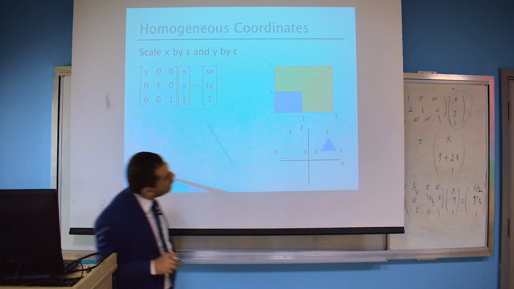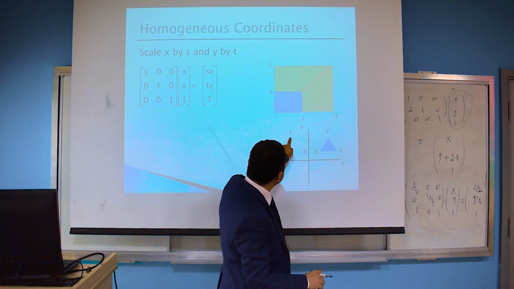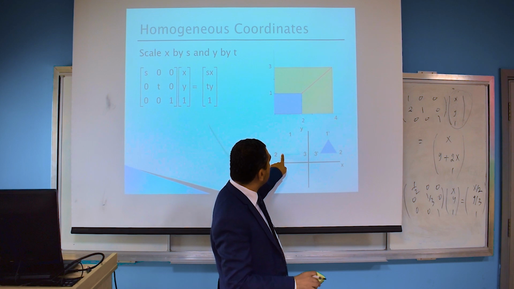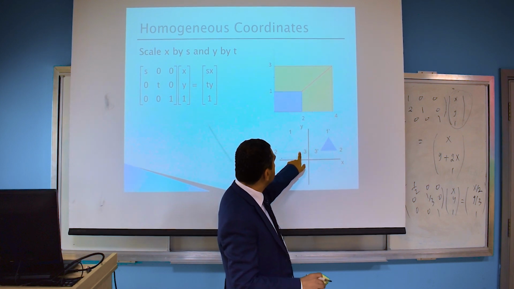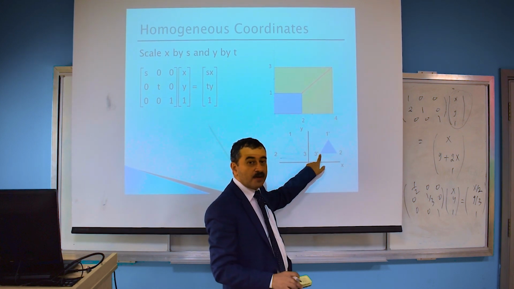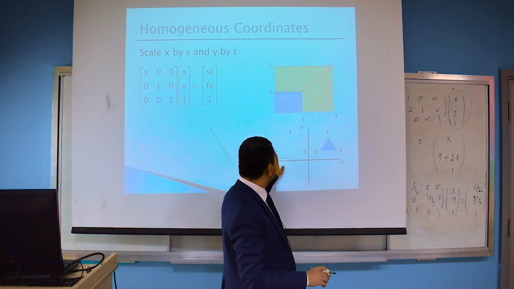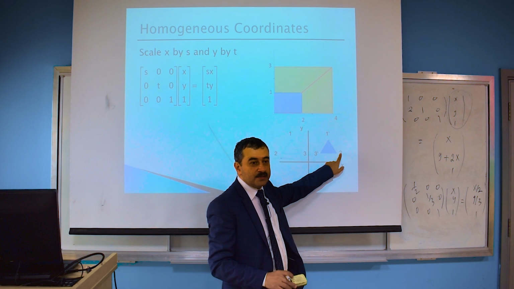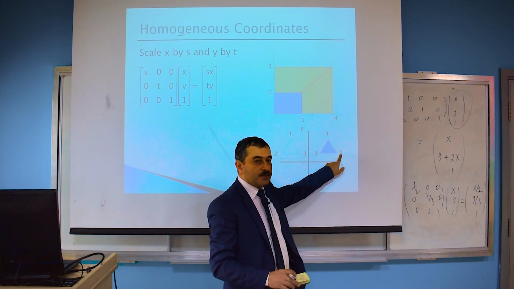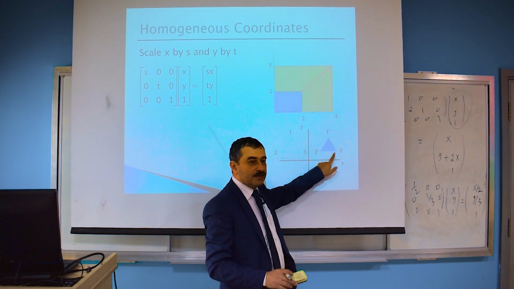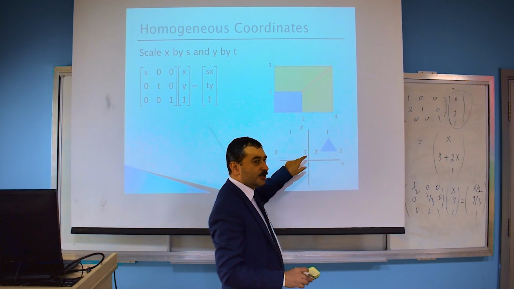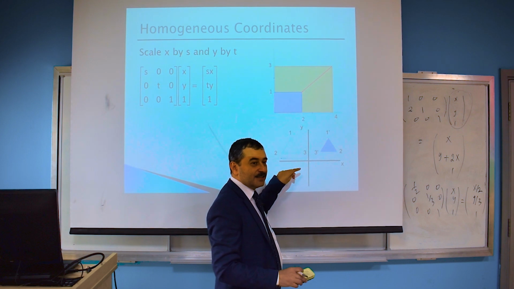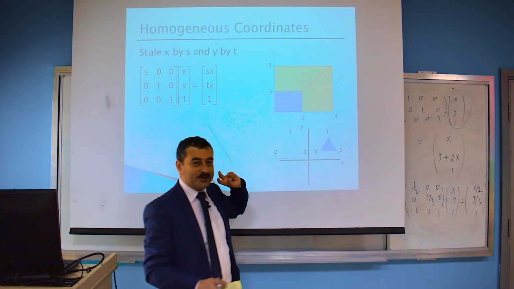What happened here? This is the original object. Okay? And look at the points. This point is transformed to this point. This point to this point. So what we did actually, is it shift? Translation? Reflection? Reflection.